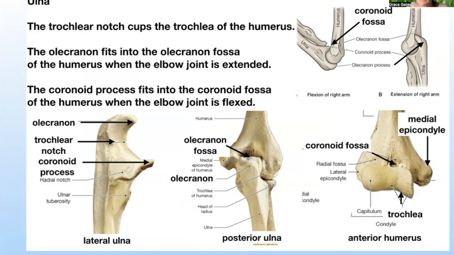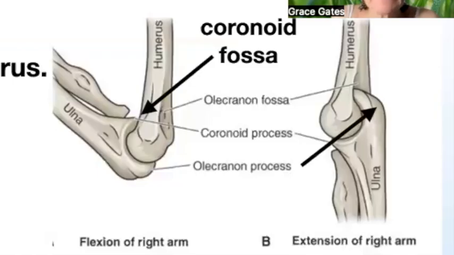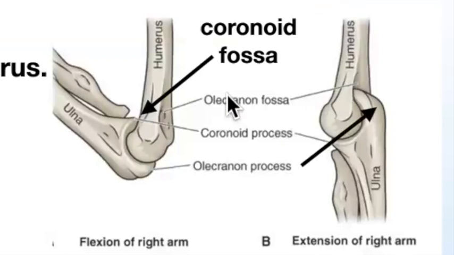And a good picture to see what I mean is the picture in the right upper corner here, where I'm showing the olecranon fossa with the olecranon process fitting together nicely when the arm is extended, and then the coronoid fossa and the coronoid process of the humerus and the ulna fitting together nicely when the elbow joint is flexed. All right, so it all fits together.